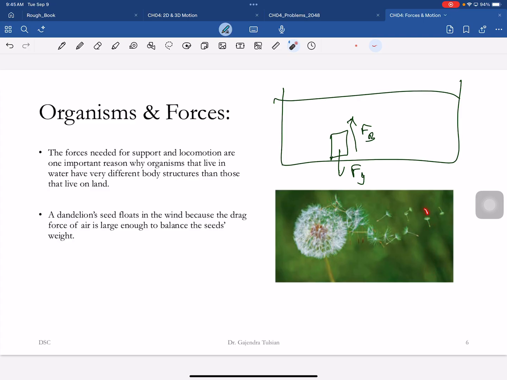Okay, and so nature has designed this. Why has nature designed this? If the drag forces cancel the weight, it can float longer, and the seeds could be spread far and wide. Okay, so nature has to consider all the forces, and that's where the design comes from, okay?